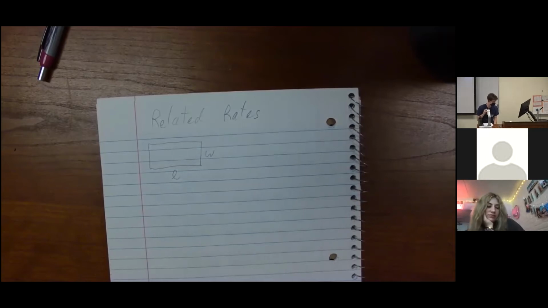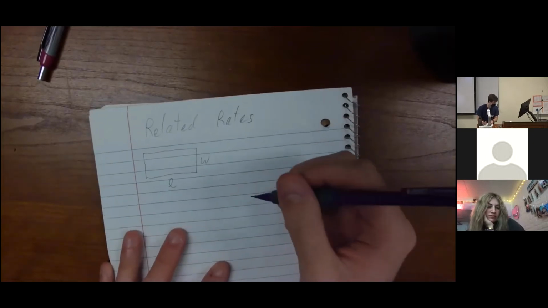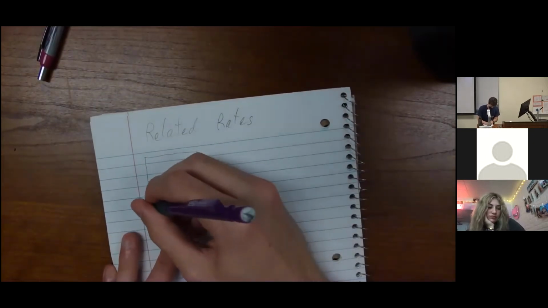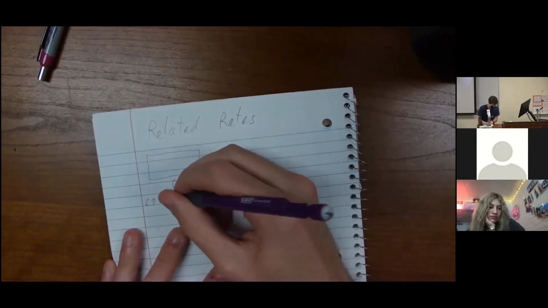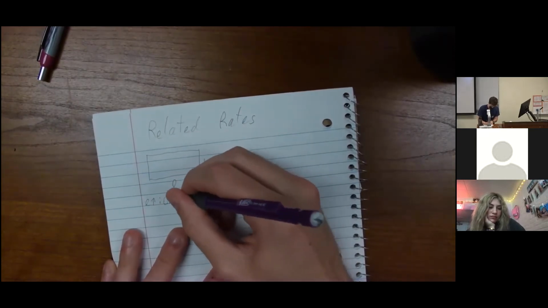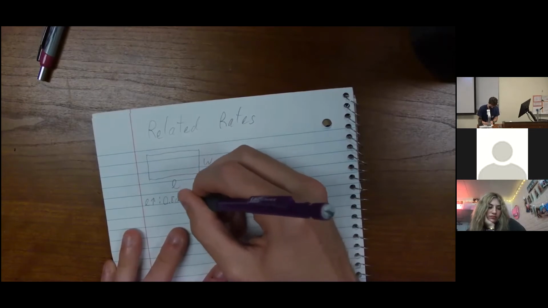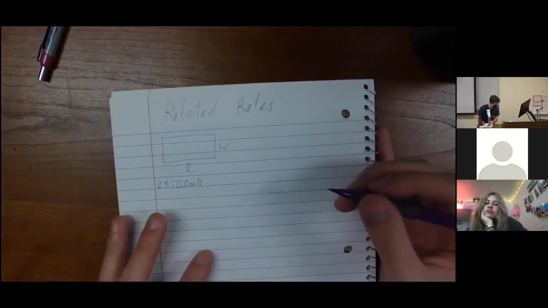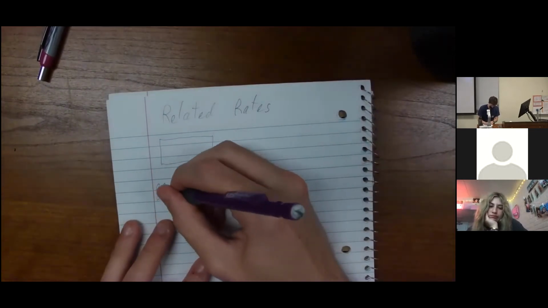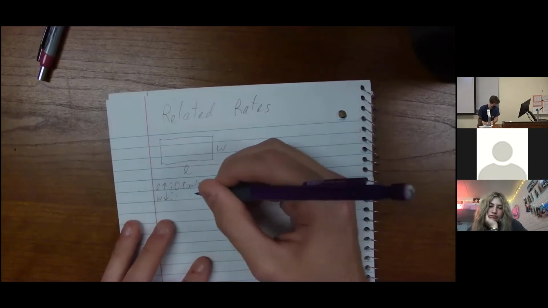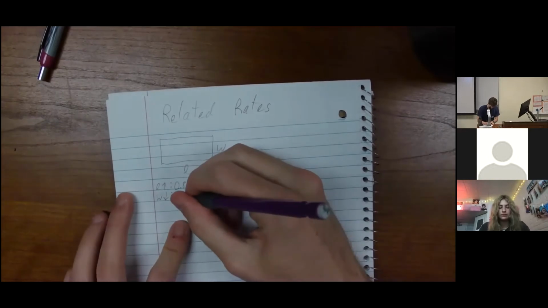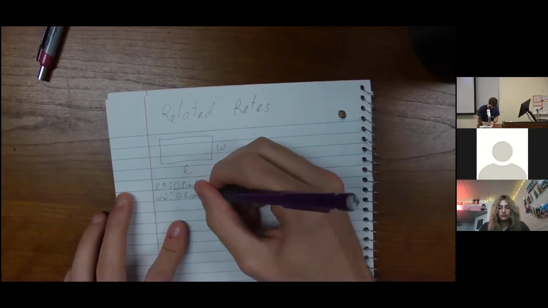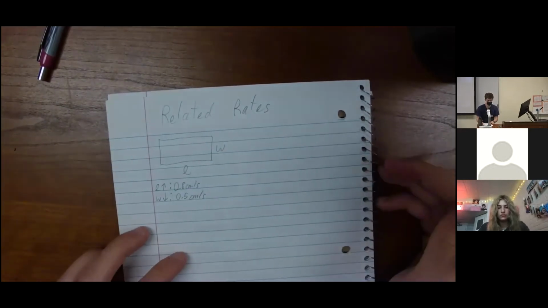Okay, so let's say that the length of the rectangle, L, is increasing by 0.8 centimeters a second. And the width is decreasing by, or I guess by, 0.5 centimeters a second. Okay.